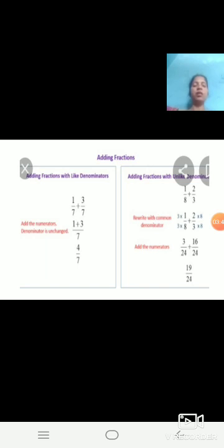So 3 into 1 is 3, 3 8s are 24, plus 2 8s are 16, 3 8s are 24. Then add the numerators, 3 plus 16 is 19. So 19 by 24.